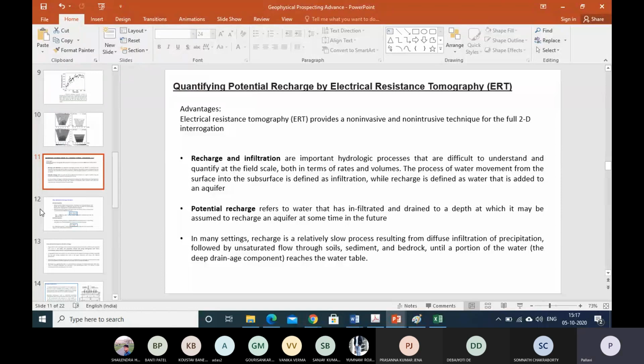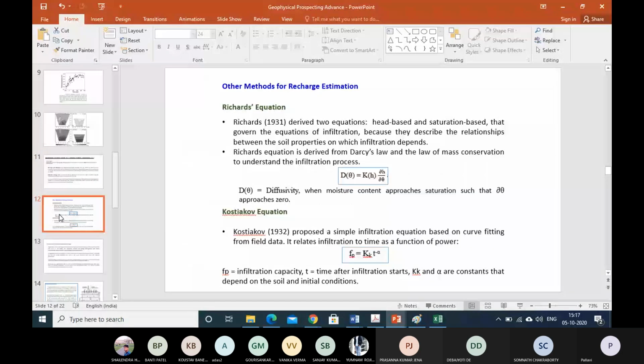And if you see another equation, for example, the easiest equation that we can use for recharge estimation is called the recharge equation. So here recharge uses the diffusivity constant, right? That depends on what amount of saturation is there, what porosity is there that is going to fill.